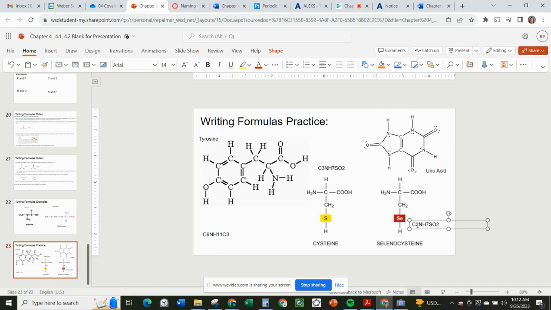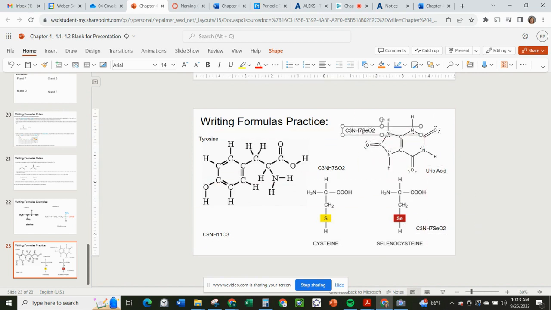So we've got carbon. There's 3 of those. We have nitrogen. We have hydrogen. 4, 5, 6, 7. Same. And then this is just selenium instead. So we can just change that. Cysteine, selenocysteine.